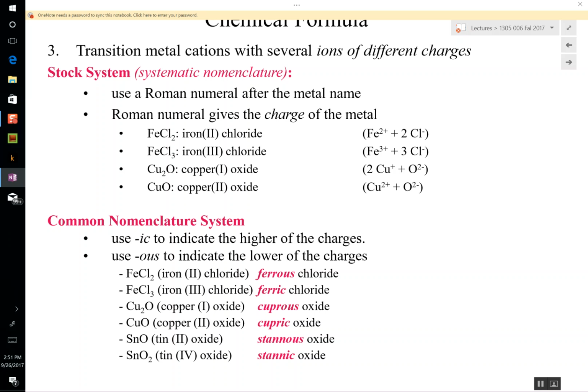Give me the name of that compound. What charge is on that iron? What is it, Eloy? Look at Eloy, +3. Okay.